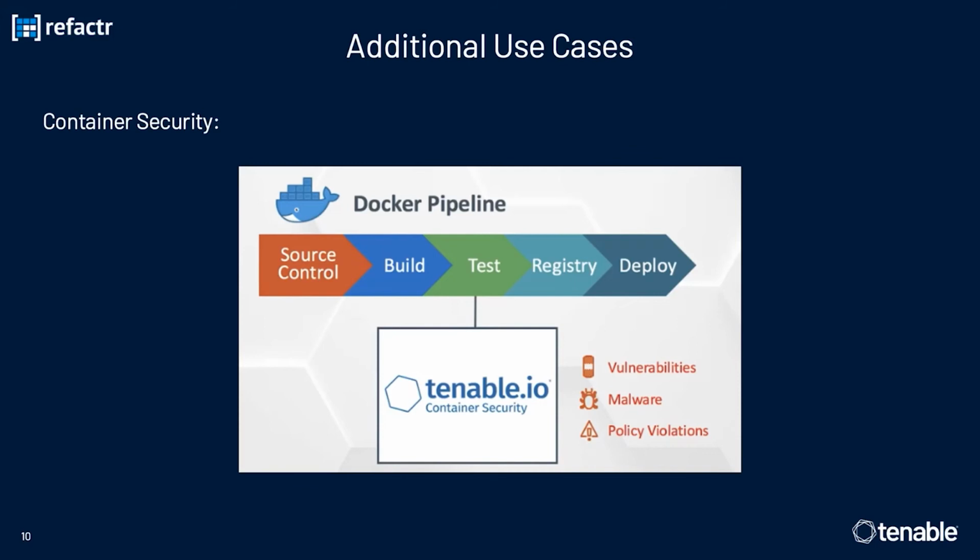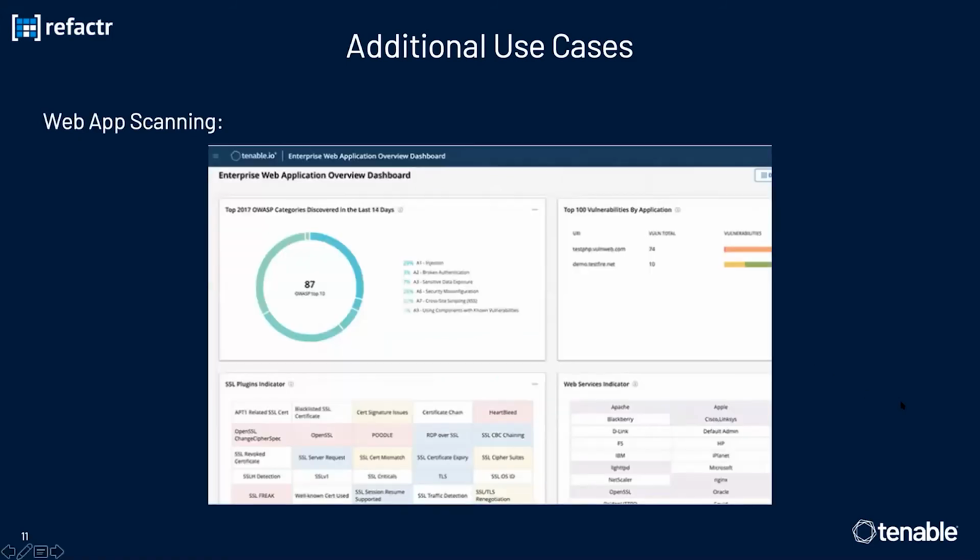You can tie it into our container security product, look for vulnerabilities within those containers, malware, policy violations, similar to our example that we showed. Another one here is web application scanning. So you're going to deploy a new version of an application, run a scan against it, make sure the high vulnerabilities, or make sure you're okay with any vulnerabilities that are detected with it before you publish it out the door.